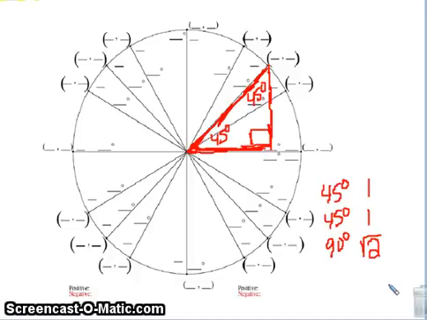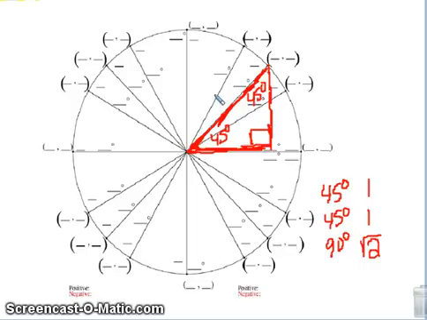You've seen it before. Every time you see a 45, 45, 90, your sides are going to be in the ratio of 1, 1, square root of 2. Now, if this side right here is 7, then this is going to be 7, and this is going to be 7 square root of 2. If this were 6, this side would be 6, and your hypotenuse is going to be 6 square root of 2.